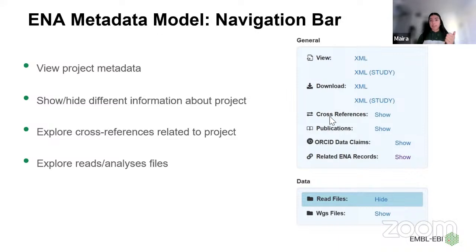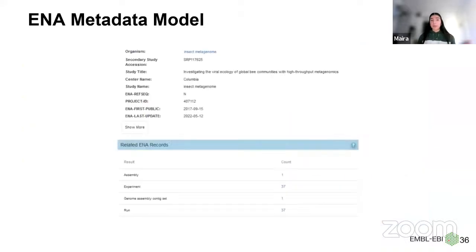You can access things like cross-references, any publications linked with this project, any related ENA records, all the read files submitted as part of this project, and all the analysis files submitted as part of this project. This specific project only has WGS sets, so you only have a WGS files field here. But if I access, for example, the related ENA records, I can see all the data objects that are linked to this, the assembly data and the run data as well.